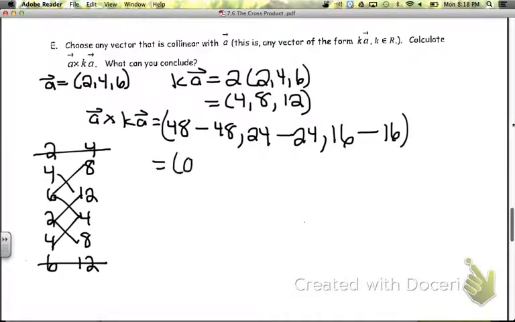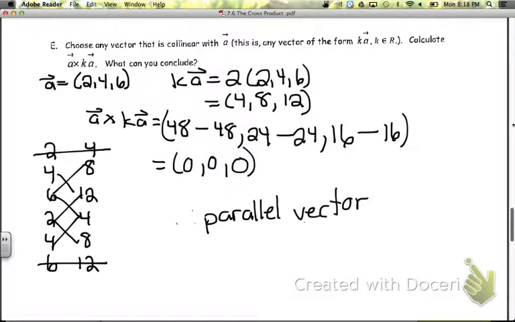So therefore it's equal to 0, 0, 0. So therefore we know they are parallel vectors, since the cross product between the two is the 0 vector.